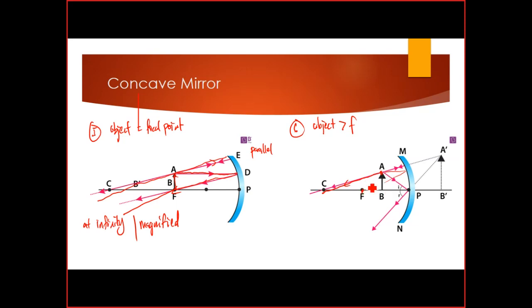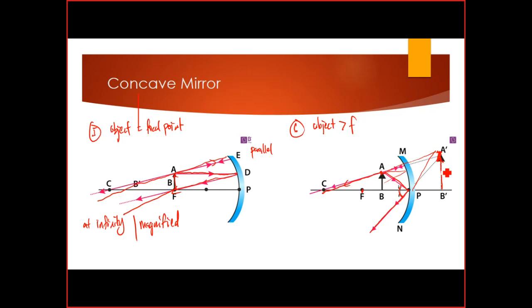Then what more can I do? This is when you can use the law of reflection. You let this one go to the center, let it reflect back. The angle of incidence equals the angle of reflection. And from here, now you can converge these two rays into one converging point.